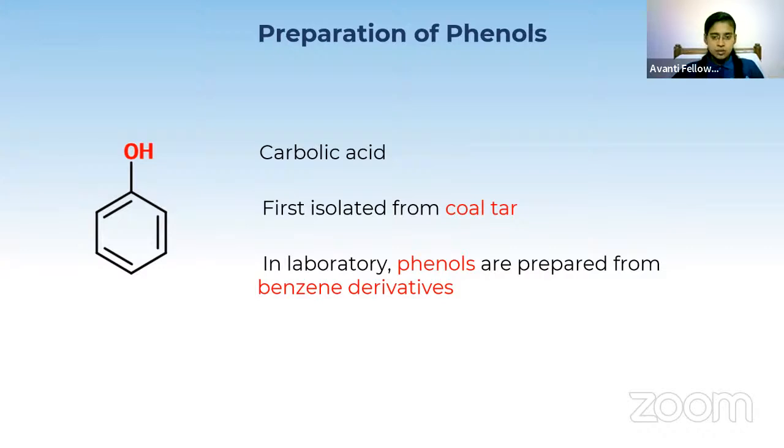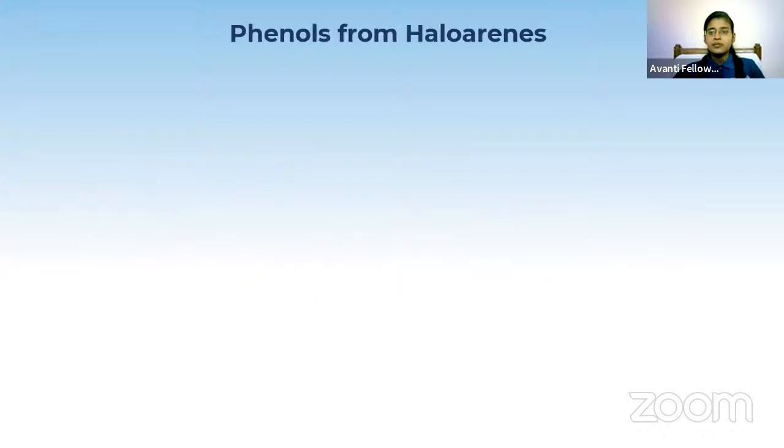So it is isolated from coal tar and it can be prepared in the laboratory using benzene derivative compounds, and it is otherwise called carbolic acid. Now let's go ahead with the first preparation, that is from haloarenes. What is meant by haloarene? The halogen which is attached to an aromatic ring is called a haloarene.